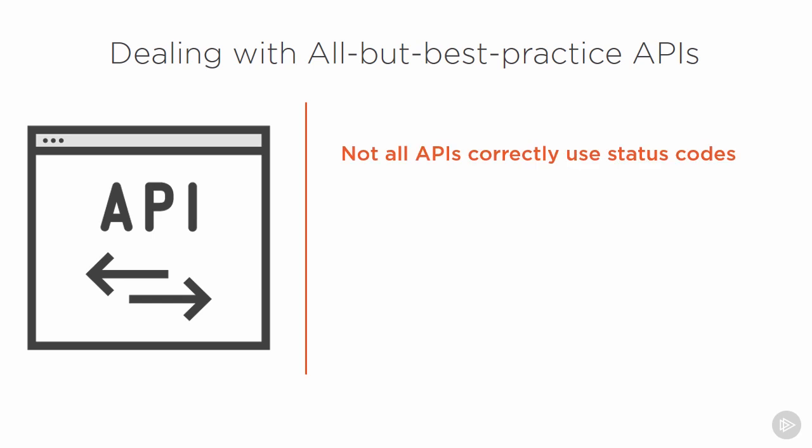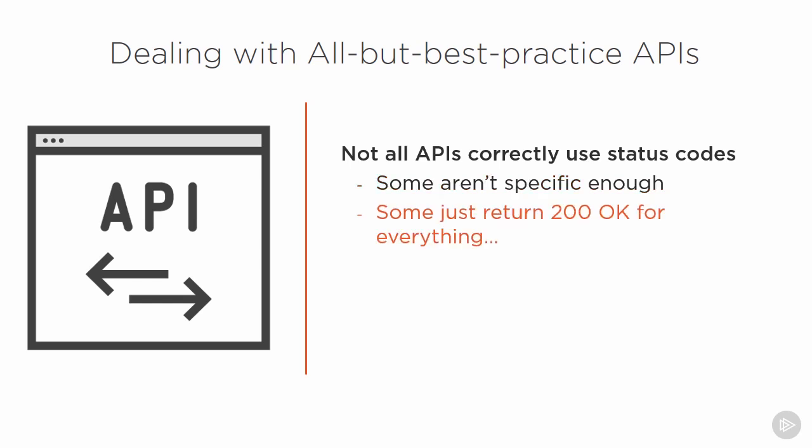That also means that not all APIs correctly return status codes or are specific enough about them. You might even encounter APIs that always return a 200 OK status code and rely on the consumer to inspect the response body for a field that might indicate whether or not the request was actually successful. This is what the Facebook API does, or used to do. It's been quite a while since I've used it.